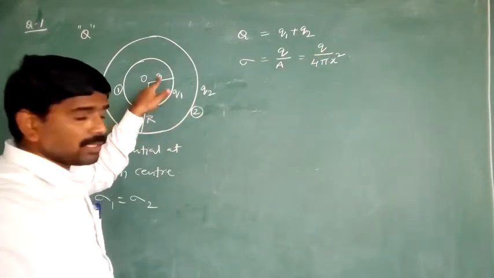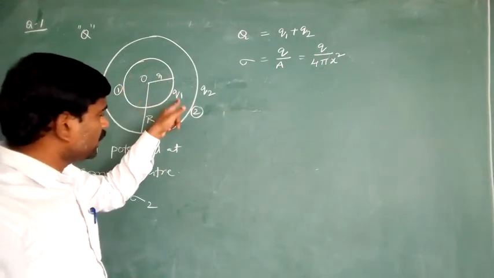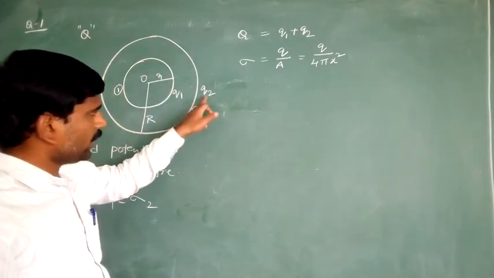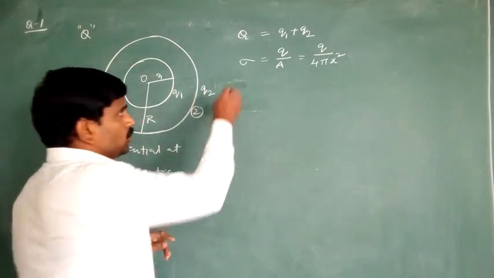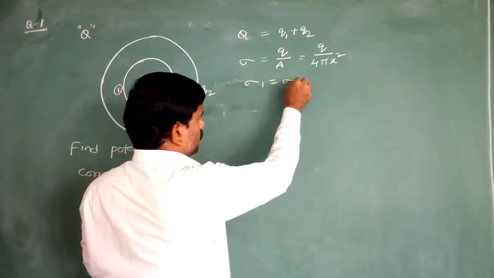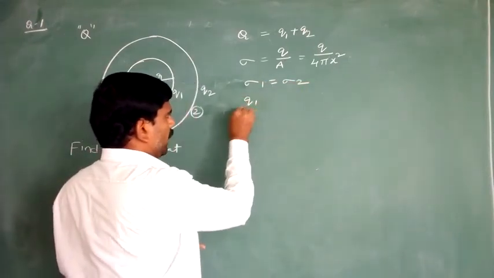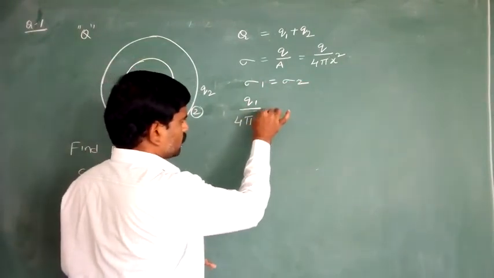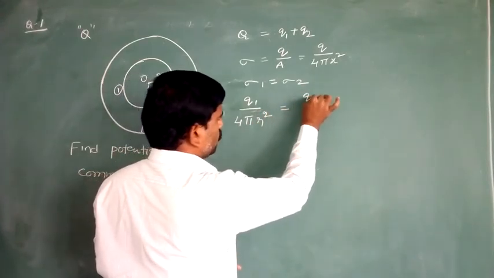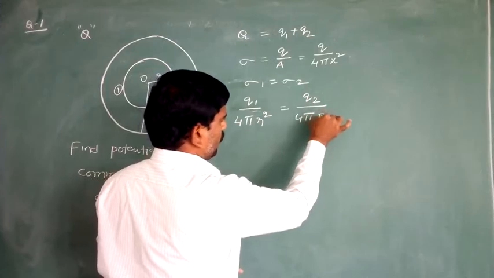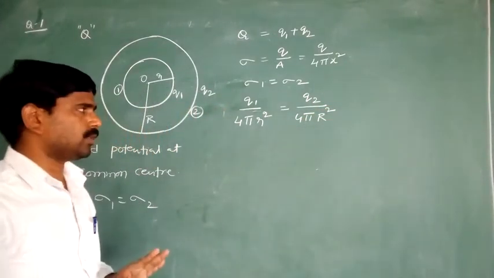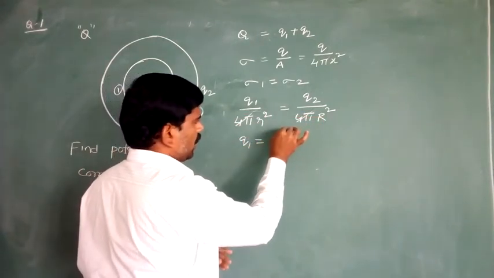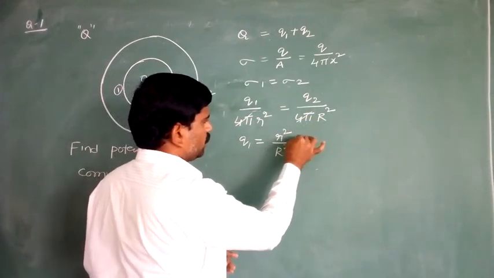Here small r is the radius of the first shell with charge Q1, and capital R is the radius of the second shell with charge Q2. Since sigma 1 is equal to sigma 2, Q1 by 4 pi small r square is equal to Q2 by 4 pi capital R square. 4 pi cancels, so Q1 is equal to small r square by capital R square into Q2.